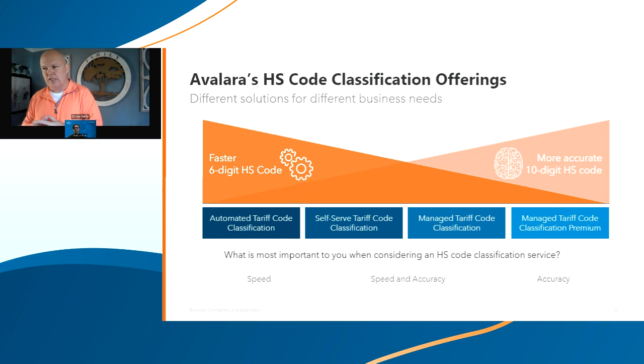Now, moving over to accuracy, we have customers with $500 goods, unique products that need additional research. So they leverage the more accurate solution, where, as Patrick mentioned earlier, we have a team of 250-plus individuals that's all they do all day.